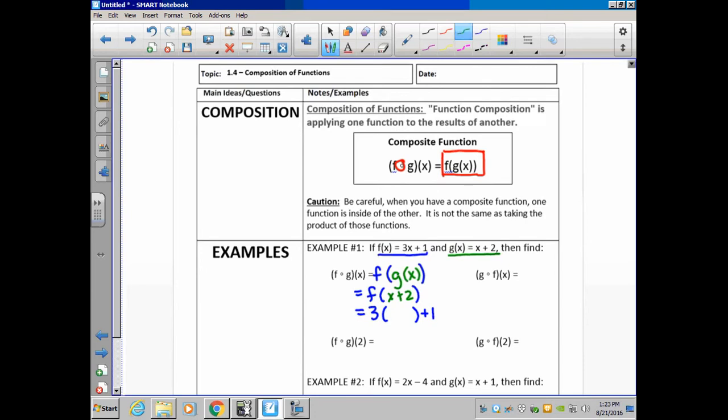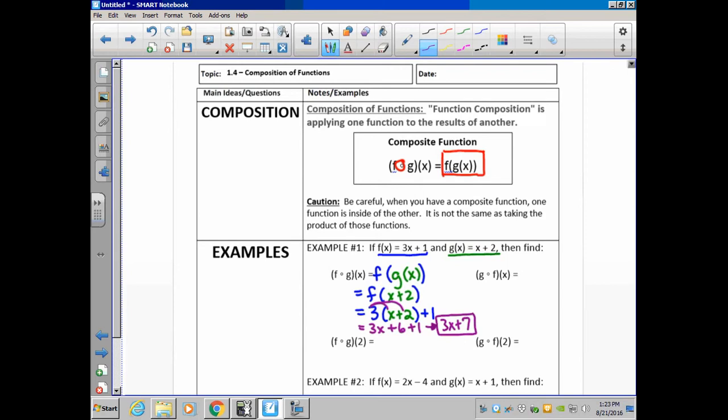And I'm going to put my x plus 2. So I'm replacing x with x plus 2, and now I can just work it out algebraically. I've got to distribute the 3, so I have 3x, 3 times 2 is 6, plus 1. So my end result is 3x plus 7.